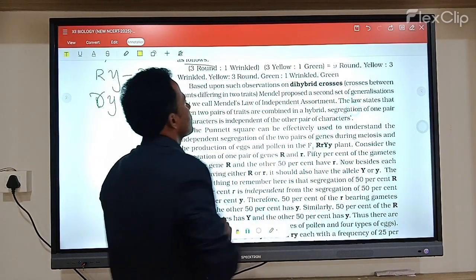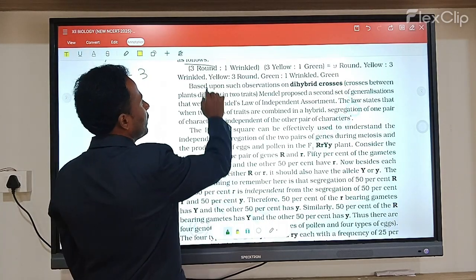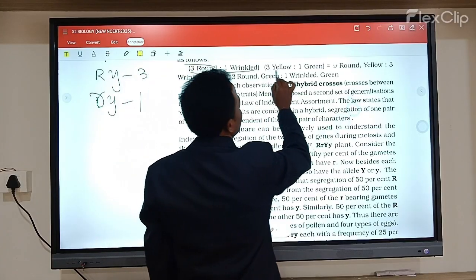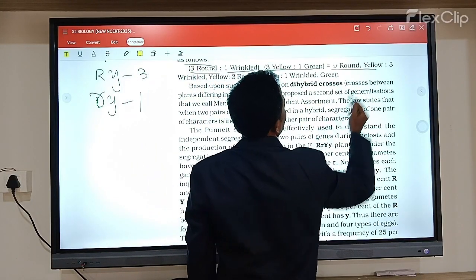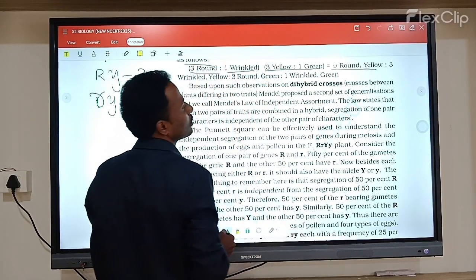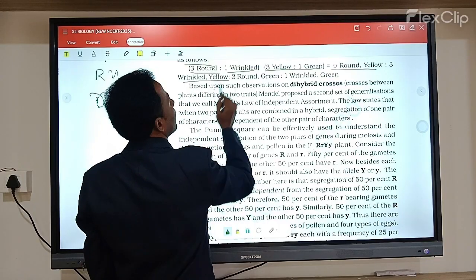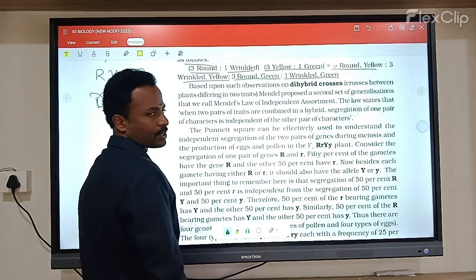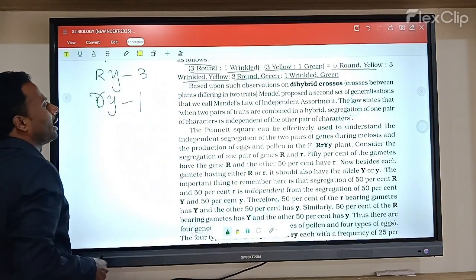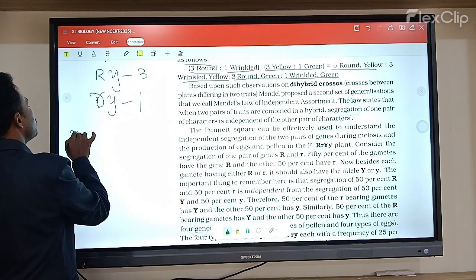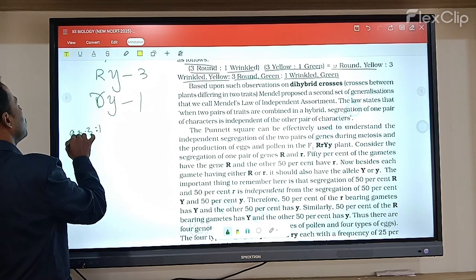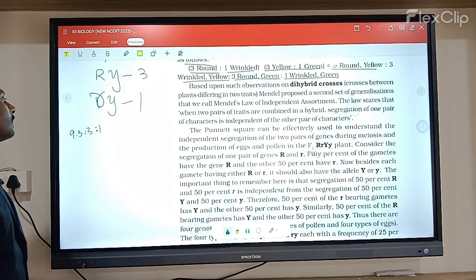In the dihybrid cross, with 3 round and 1 wrinkled and 3 yellow and 1 green, the total is 9 round yellow, 3 wrinkled yellow, 3 round green, and 1 wrinkled green. So the phenotypic ratio in the dihybrid cross is 9:3:3:1.